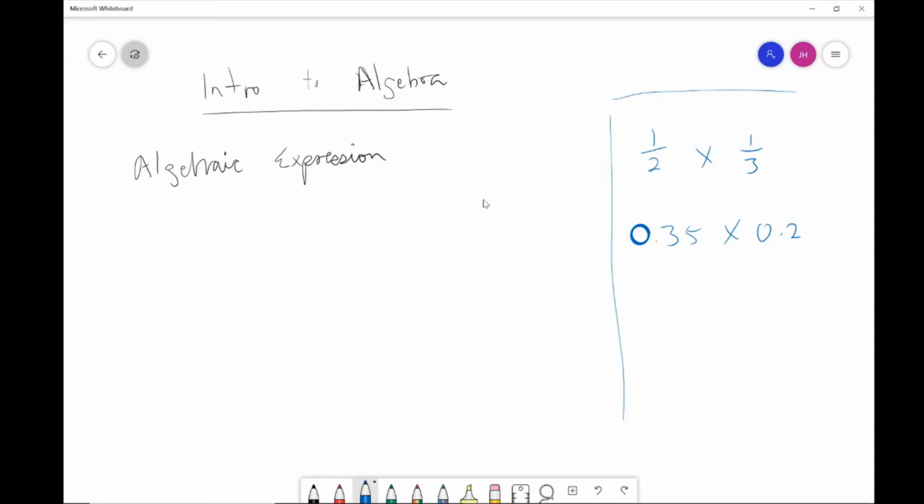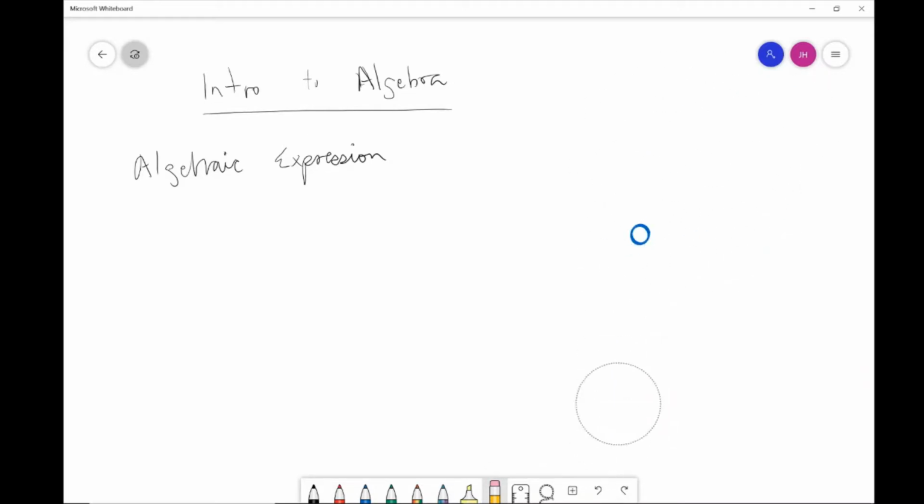When you do all these problems, you can always get to answers by following the steps or the principles of doing such expressions. So that's what we've been doing for the past 6 weeks or so.